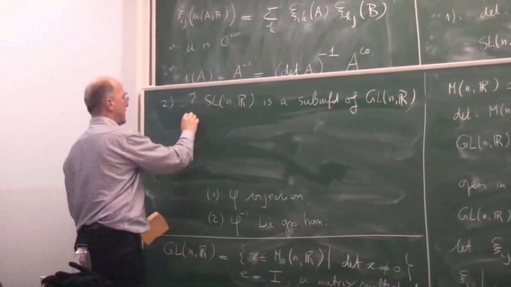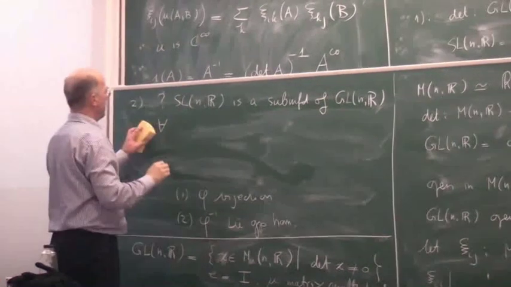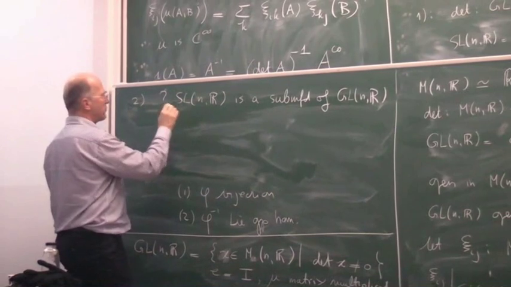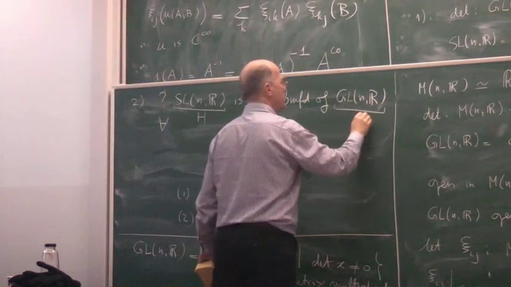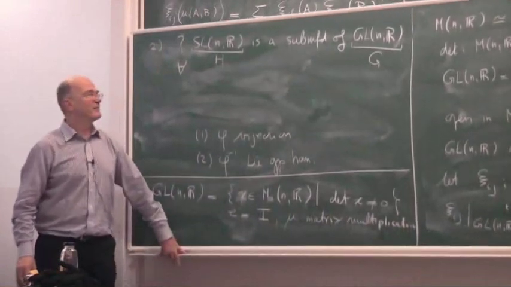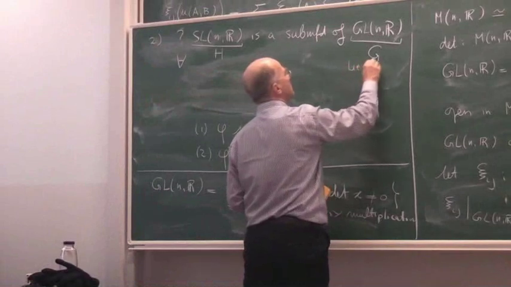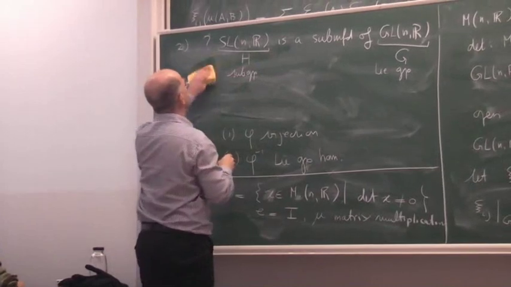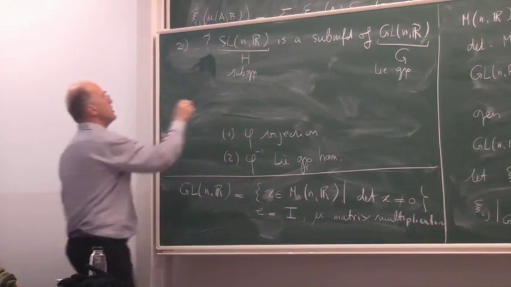What does this mean? This means that at each of its points, but let's phrase this a bit more generally. Let's call this H, and I will give an argumentation that will really be a statement about the general Lie group G and the subgroup H. Now what does it mean that H is a submanifold of G?